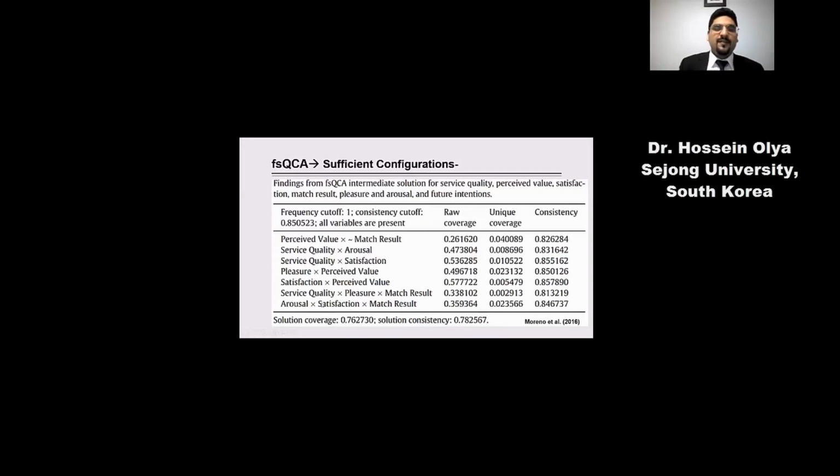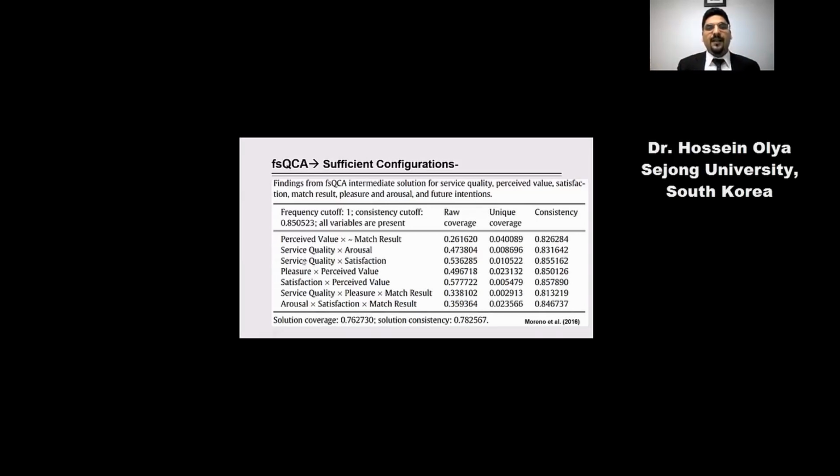Why? Because managers and organizers of sport and other events know how to create the conditions, how to combine different factors which are important in the success of their events together to reach a high level of the outcome, which is future intention.